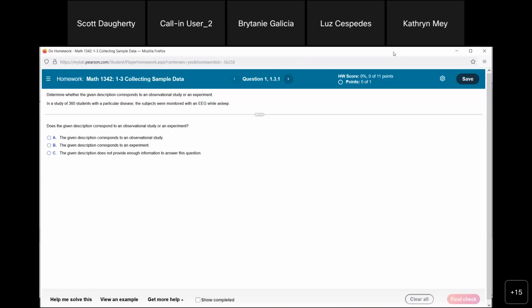So there's 2 major ways of doing this. A lot of times people collect data just by observing what happens. And if that's the case, it's called an observational study. Another way of collecting data that's very common is to actually create an experiment.